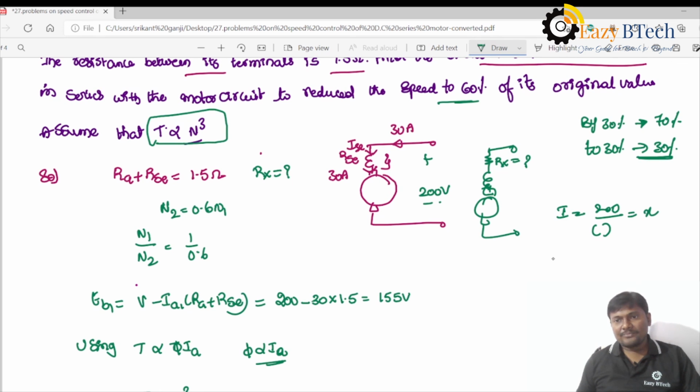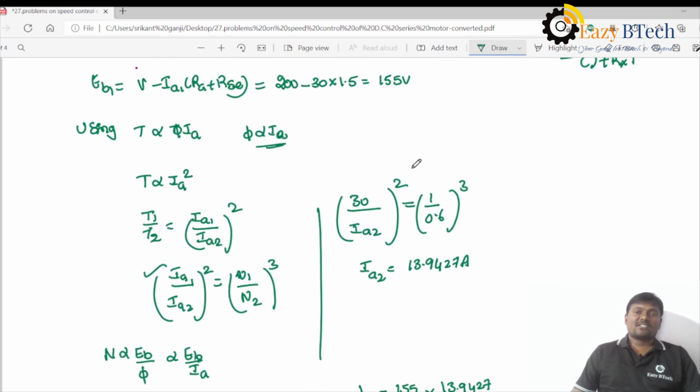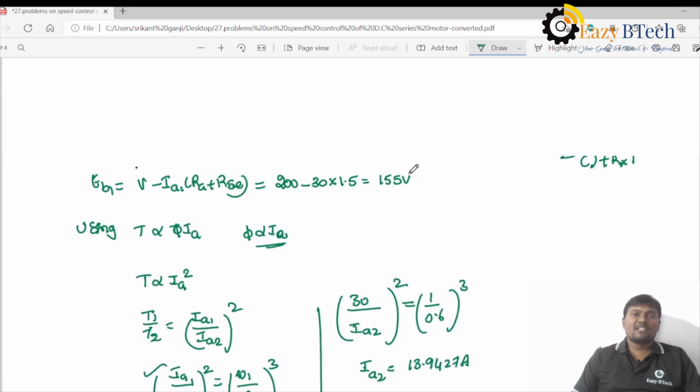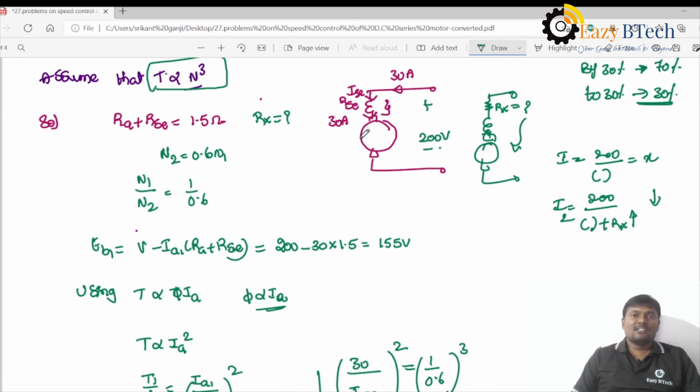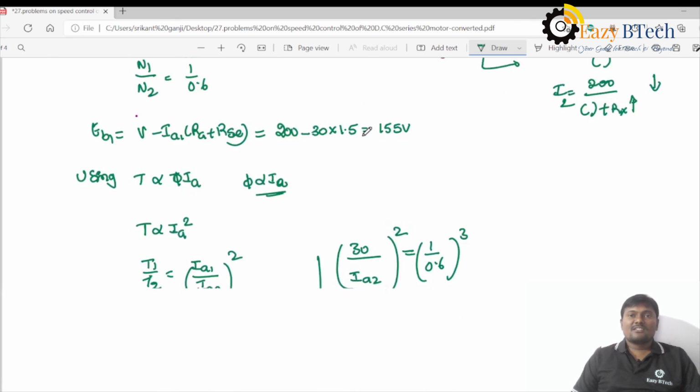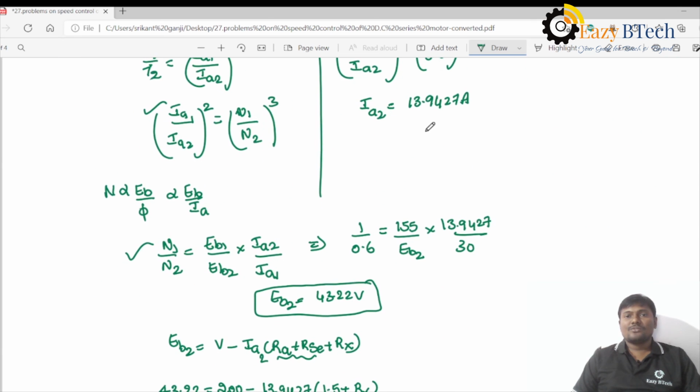In this case, 200 divided by something plus Rx, definitely the denominator increases, so obviously the current decreases. The supply current is 30 amperes in case 1, but in case 2 the current value will decrease.